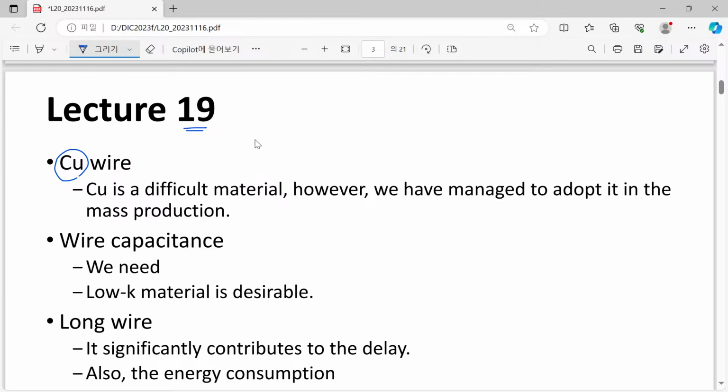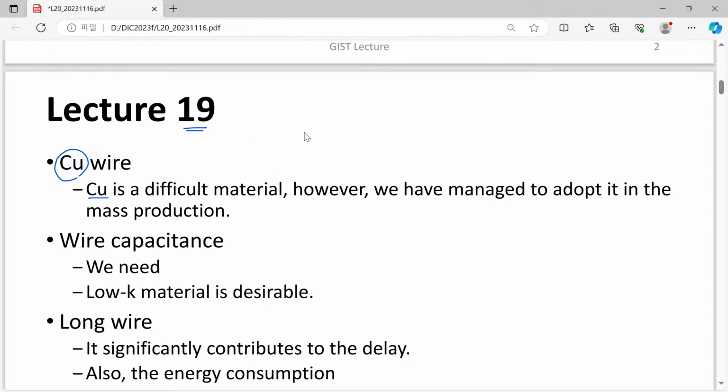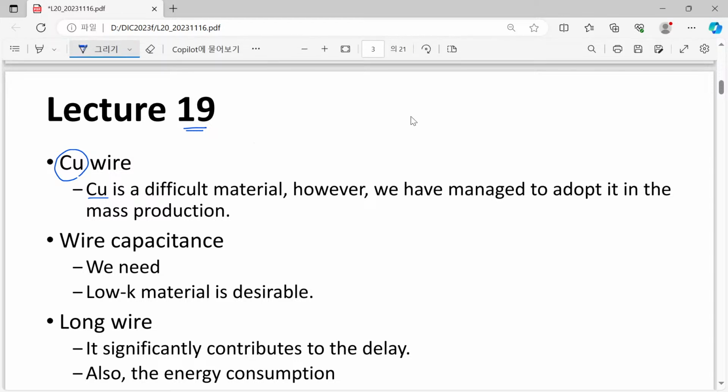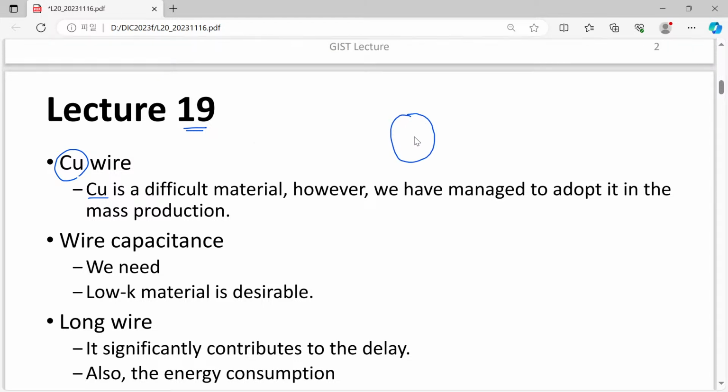Copper is a difficult material in terms of reliability, and if copper is included inside the silicon substrate, it works as a contaminator. However, we have managed to adapt it in mass production, by using a complicated procedure, to keep our copper only in the metal wire, not diffused over the silicon.